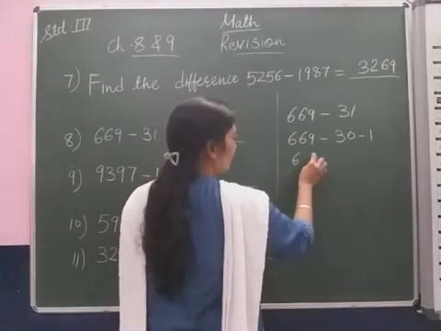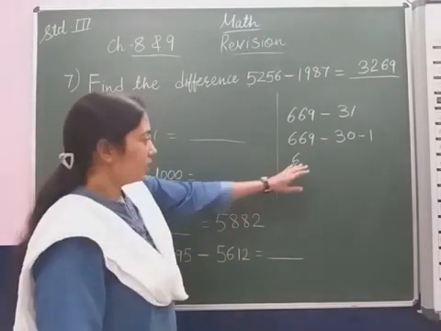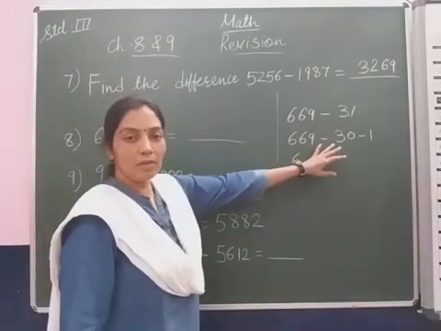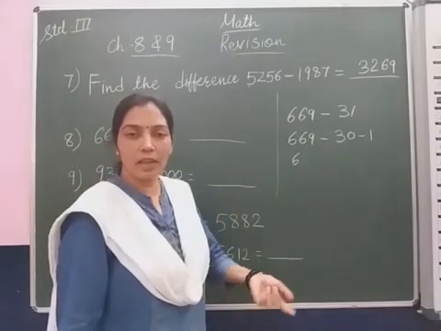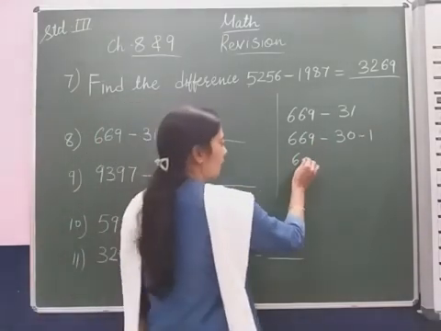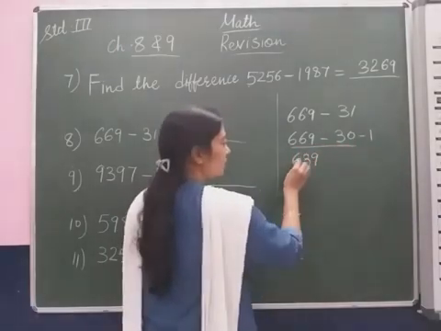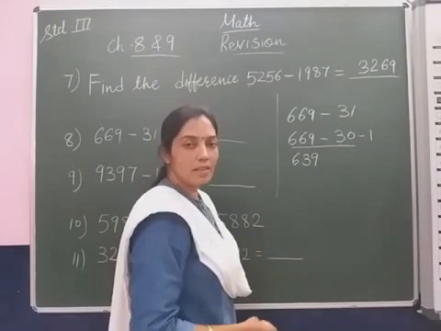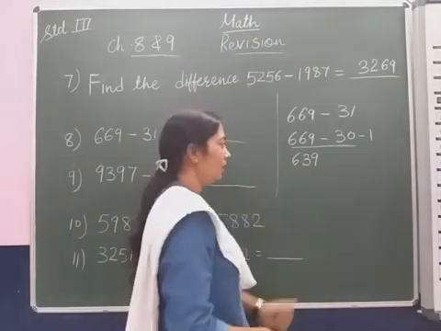If I subtract this 30, 669 minus 30, so 69 minus 30 is 39. So I will get the answer 639.